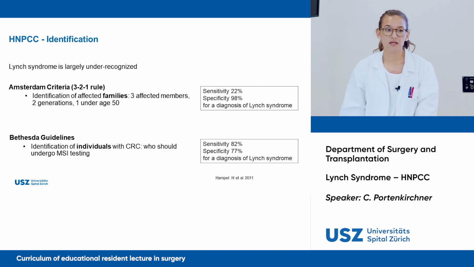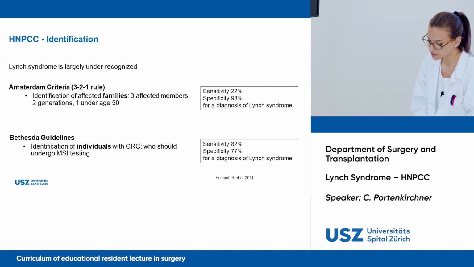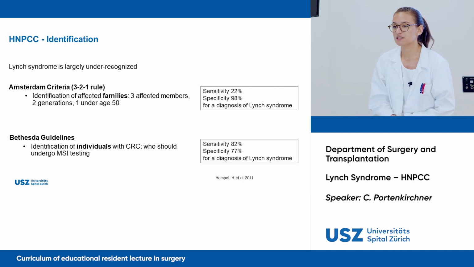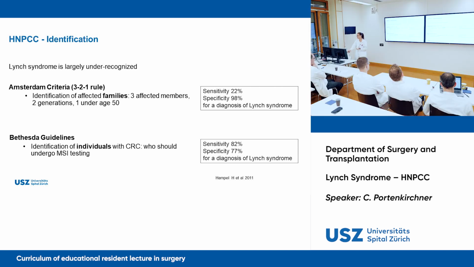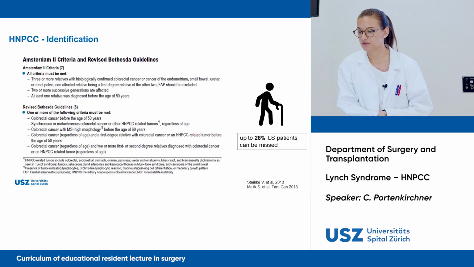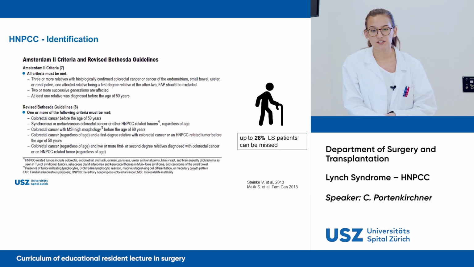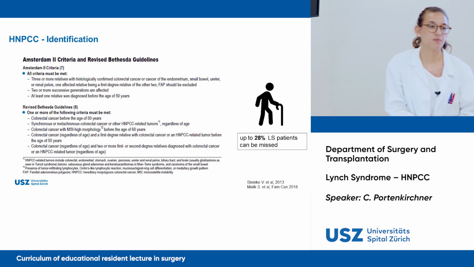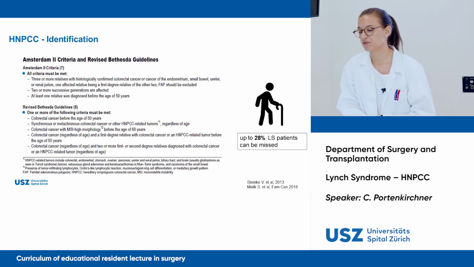The Bethesda criteria are very often misunderstood, and it is really important to know that these are for individuals who should then have MSI testing. It's less specific. But the Amsterdam and Bethesda criteria are old-fashioned, and up to 30% of Lynch syndrome patients can be missed if we only perform this.